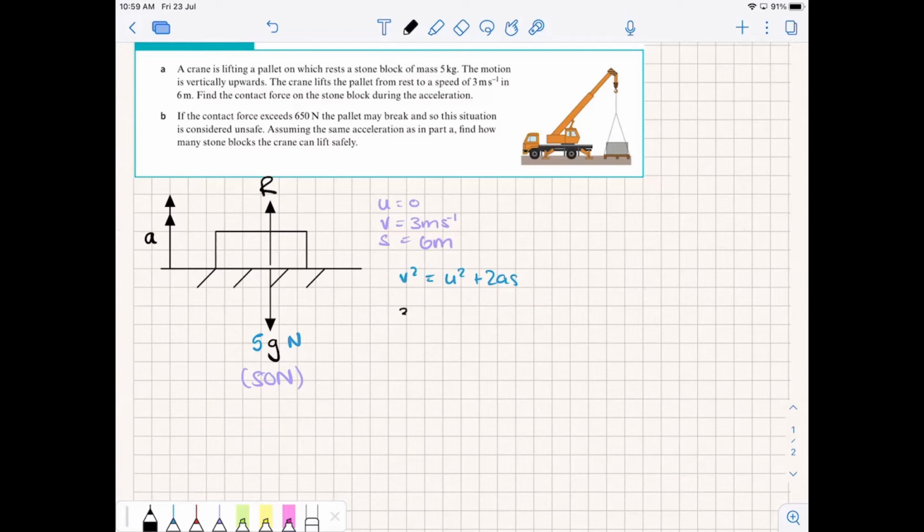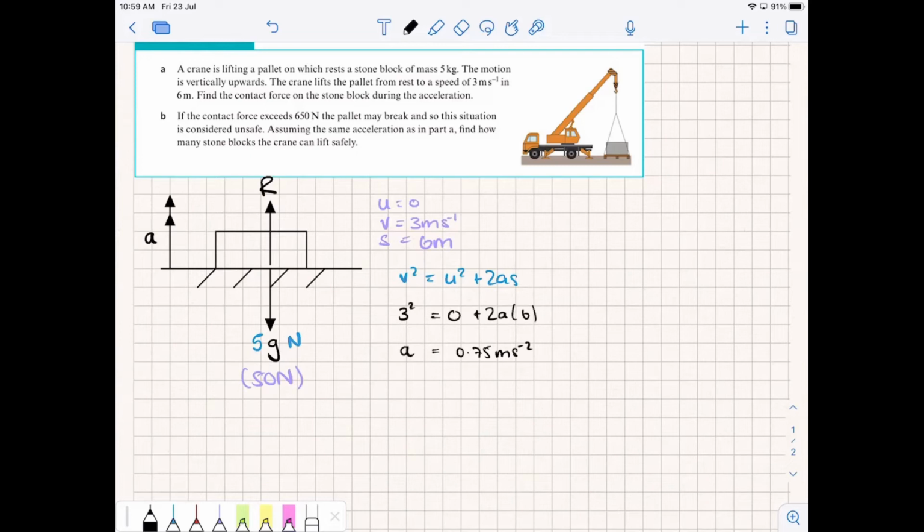So we know the final velocity, we know the initial velocity. We're trying to solve the acceleration, and we know the displacement. This is going to give me an acceleration of 0.75 meters per second squared.